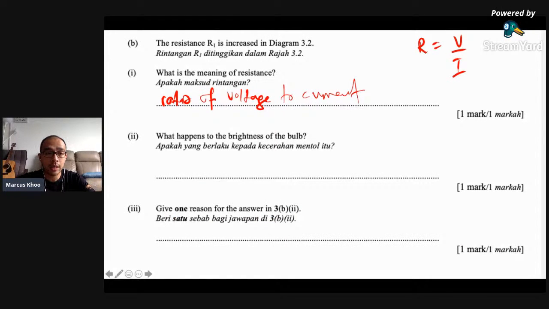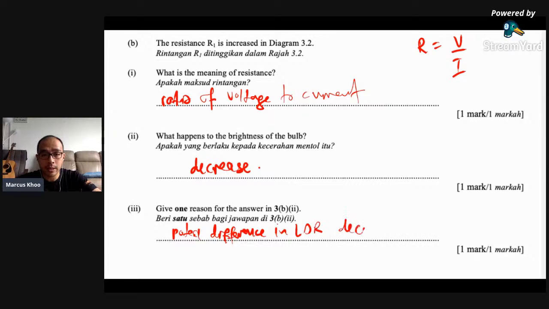Okay, so the brightness of the bulb will decrease, and the reason for this is the potential difference in the LDR has decreased. No, sorry, not the resistance.